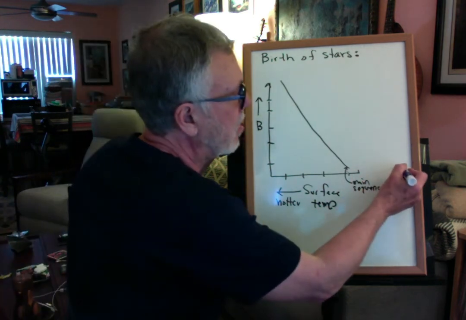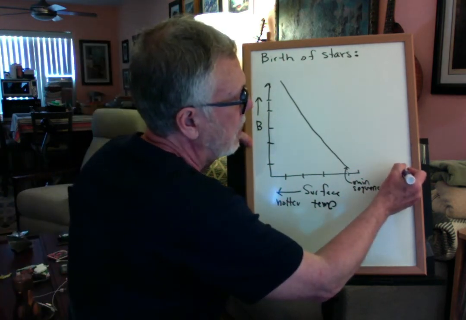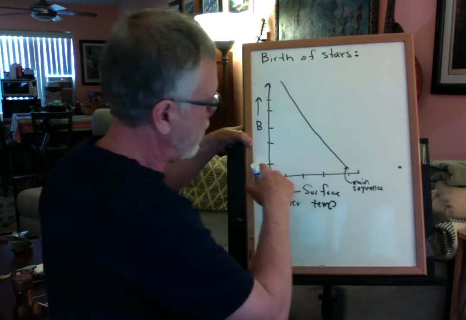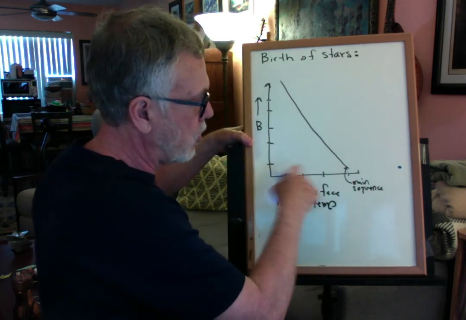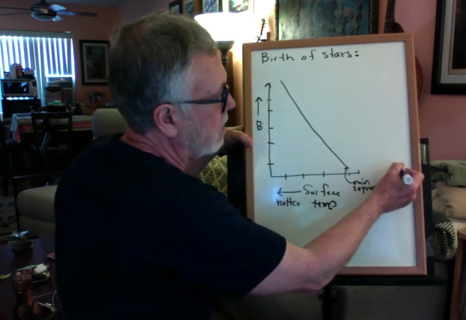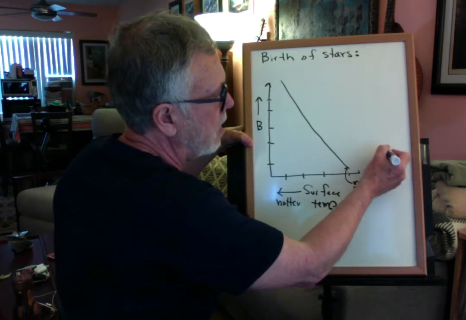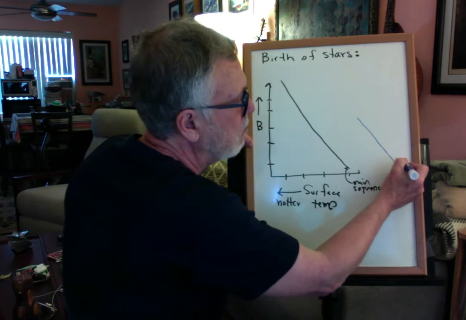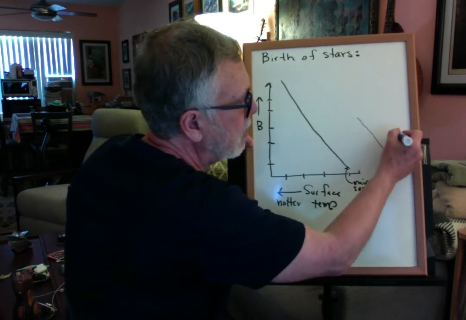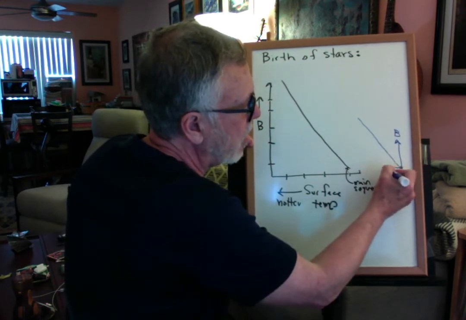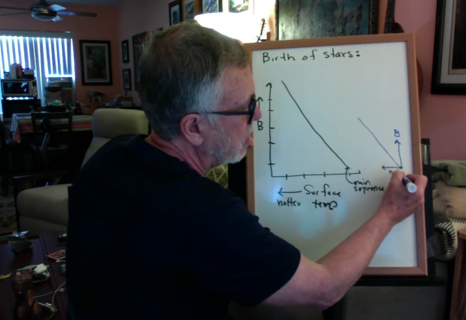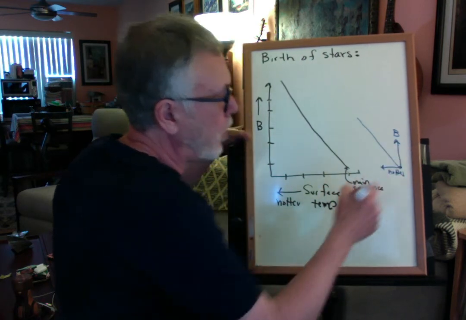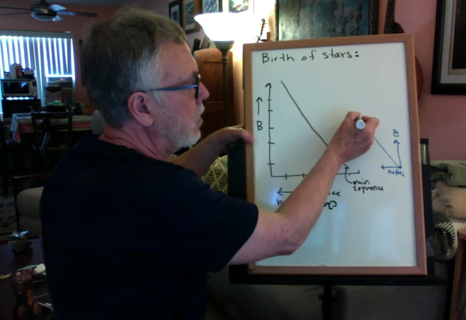If we could plot it, what we would see is that it'd be way out here, very dim and very cool. But as time goes on, this birthing star begins to move up at an angle, meaning that it's going to get brighter and it's also getting hotter. So together, both of those make it go that way.